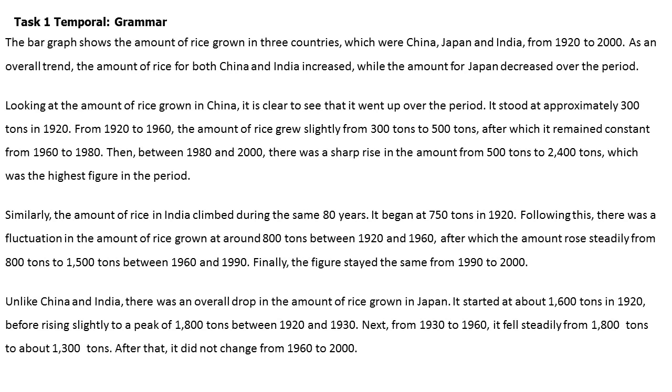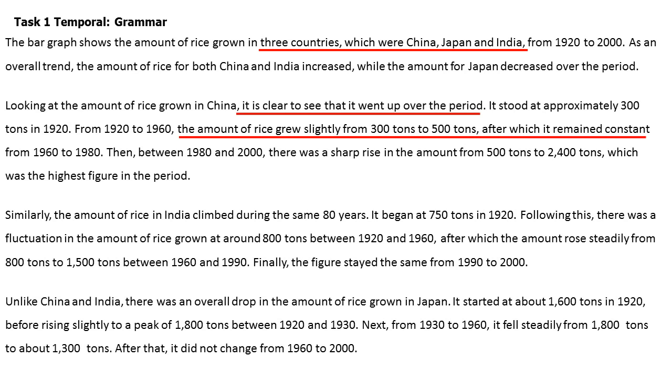In terms of grammar, it's important to use some complex grammar, such as the relative clause, which were China, Japan, and India, or a that clause. For example, it is clear to see that. We can also use sentences joined together with after which, because this gives us complex grammar.